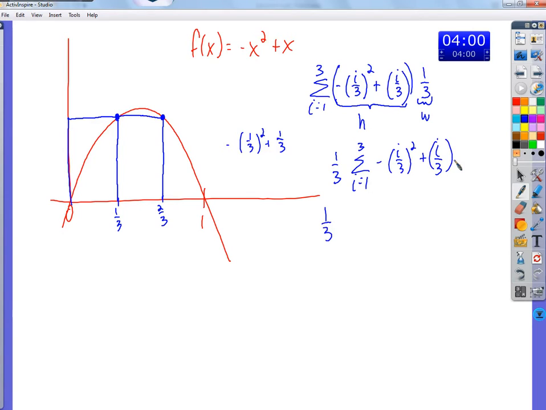Because if we were to plug in 1, 2, and 3, we would just have this with 1 in it, plus this with 1 in it, this with 2 in it, plus this with 2 in it, this with 3 in it, plus this with 3 in it, right? We could group all these terms together, add them up, and group all these terms together and add them all up. What I'm saying here is, we have a rule that says if we have a sum of sums, we can just have 2 separate sums.